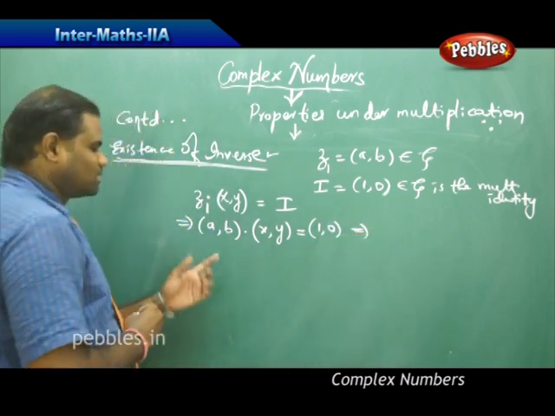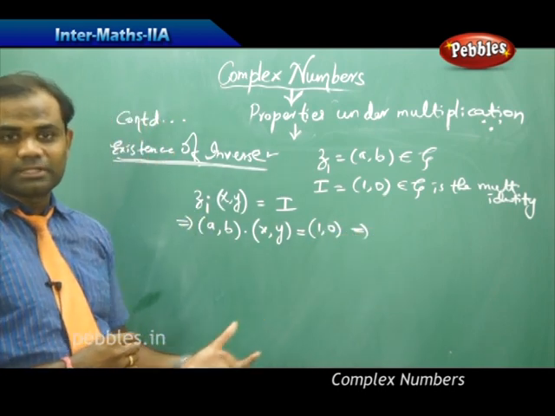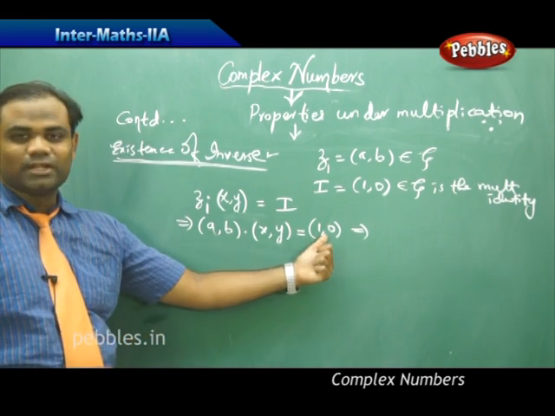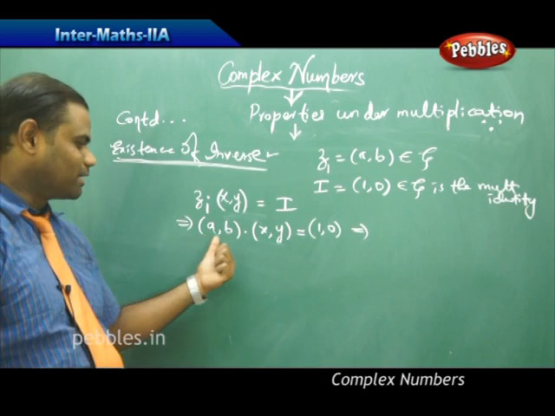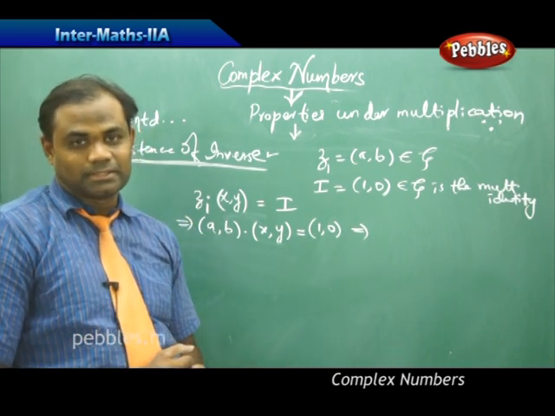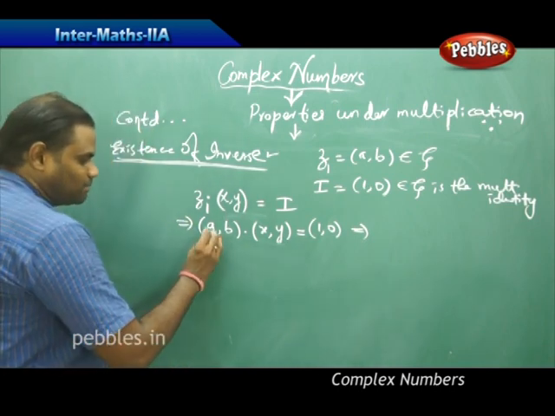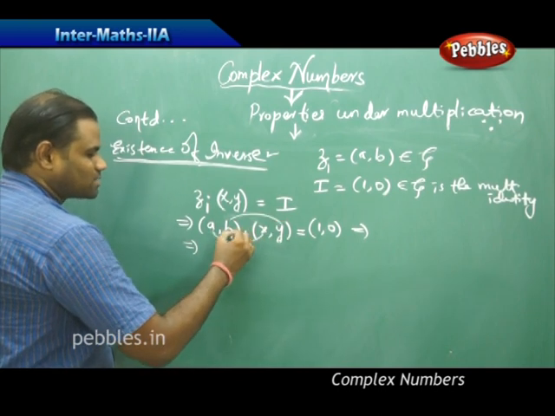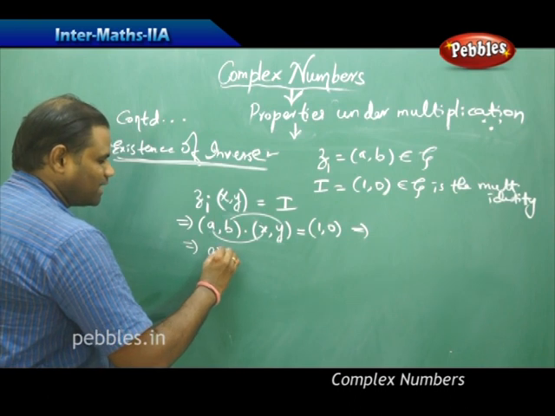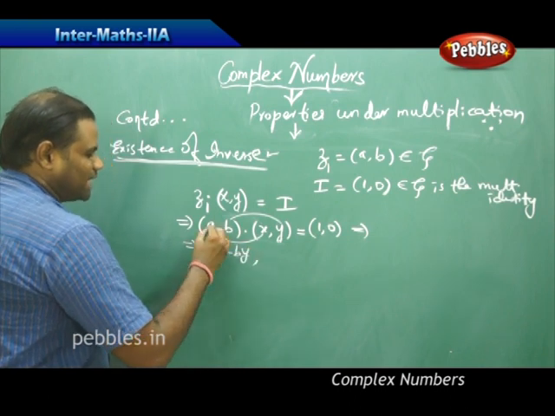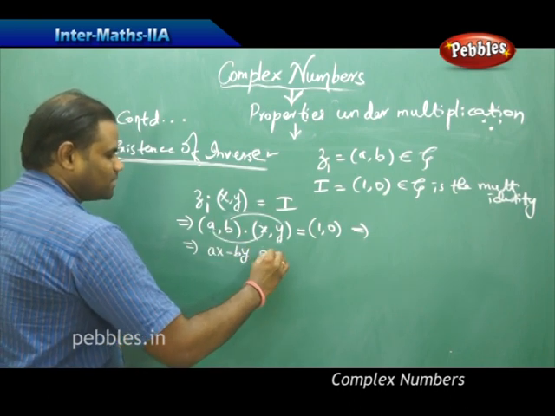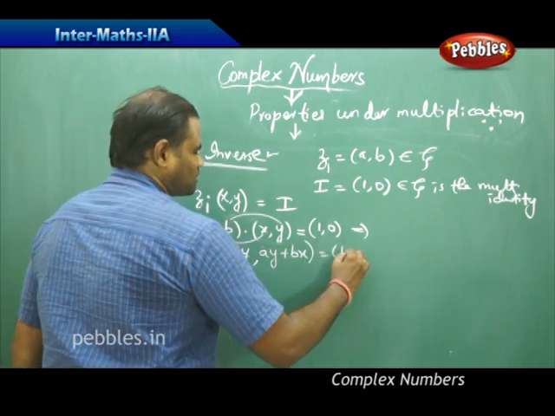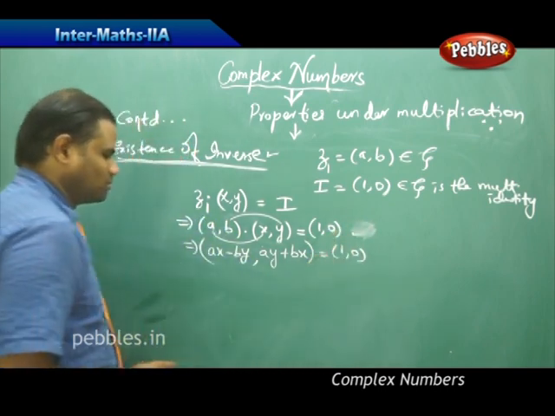That implies, the multiplication of two complex numbers is clearly defined. a b dot x y is 1 0, for which I am going to multiply the two complex numbers. So the multiplication of complex numbers in this case is ac minus bd, so this into this minus this into this gives me ax minus by, and ad plus bc, which gives me ay plus bx on the whole, which is 1 comma 0.